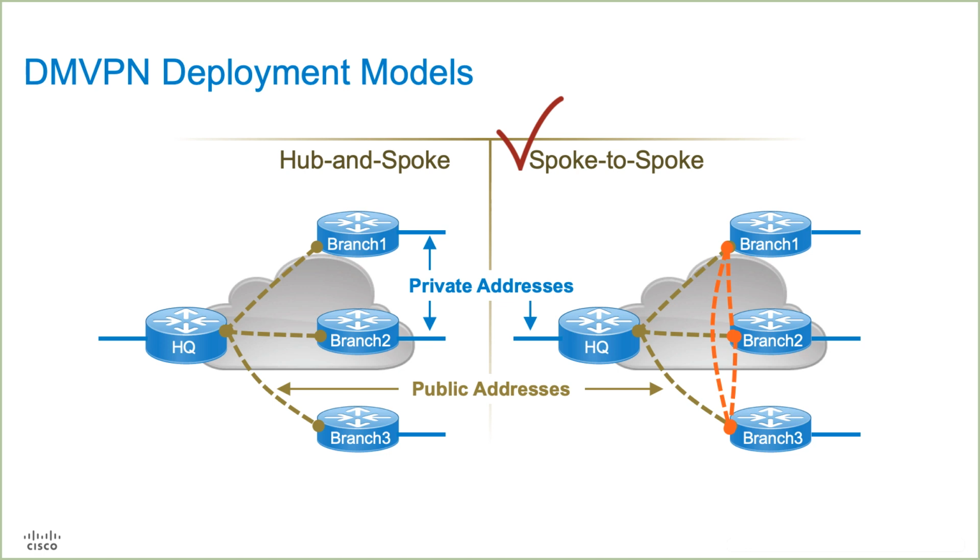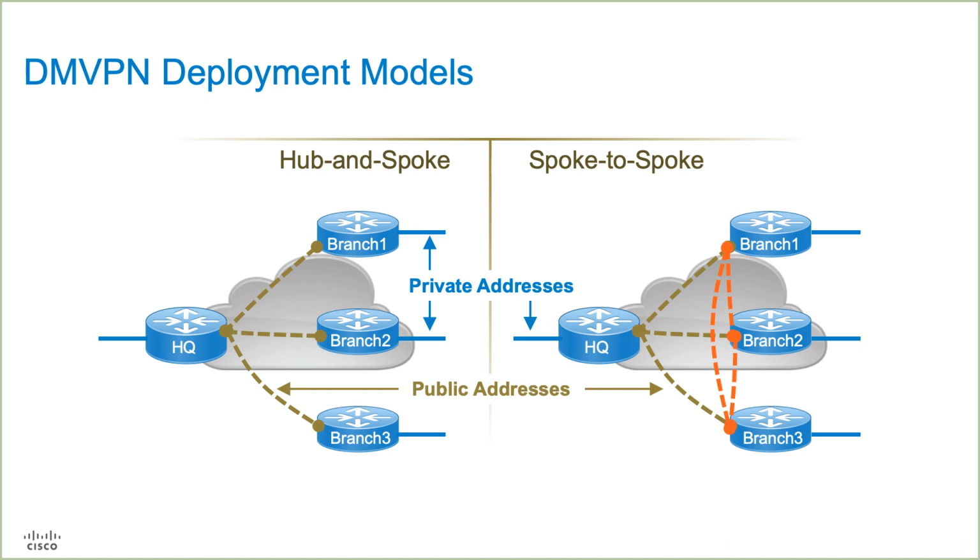Once again, our multipoint GRE, the Next Hop Resolution Protocol, maybe our static or even dynamic routing configuration to allow, once again, branch-to-branch or spoke-to-spoke communication, or truly, to me, the real benefit of dynamic multipoint VPN.